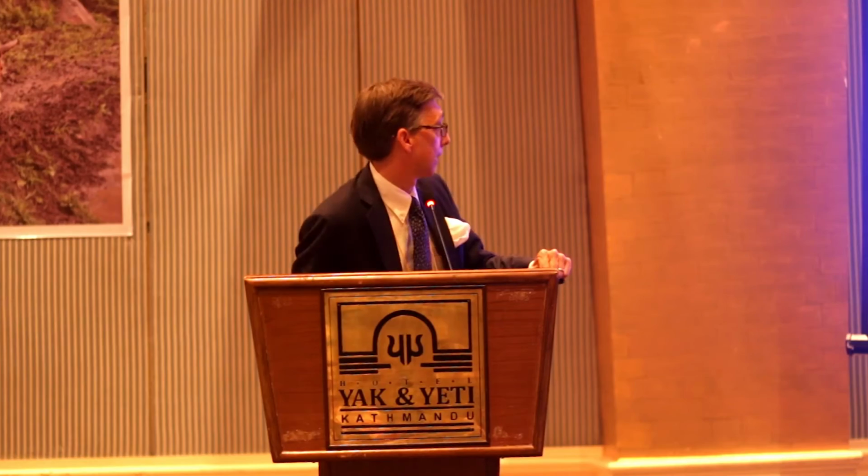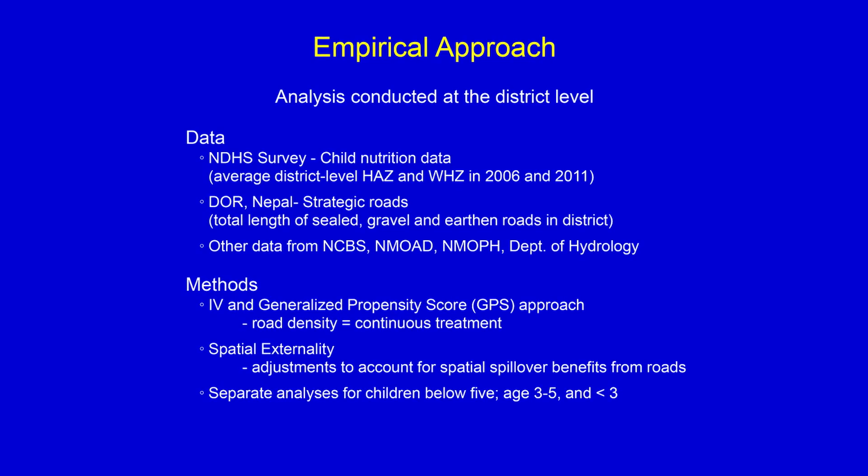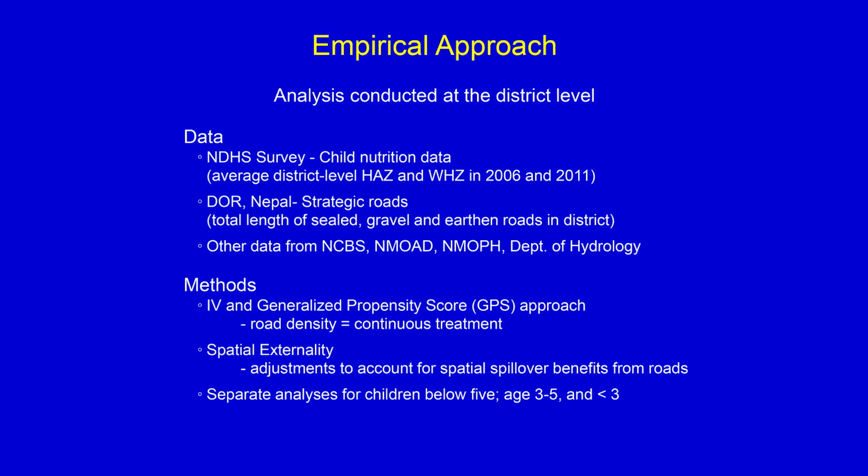Those are quite large, and that's after we control for a lot of the things that you would expect to see in this kind of study, so education levels, child age, birth month, birth year, and those kinds of effects. We do find differences across different age groups, and some evidence of positive spillovers to adjacent districts.